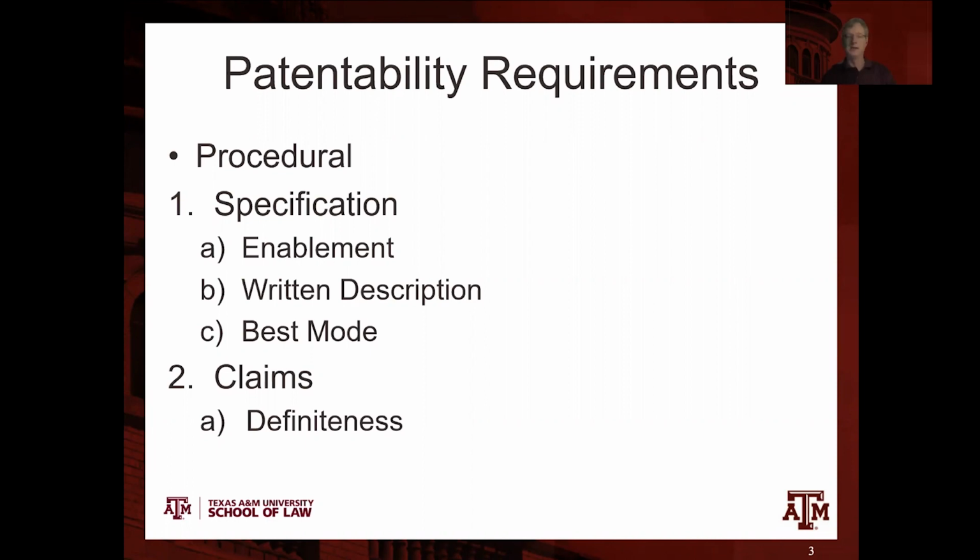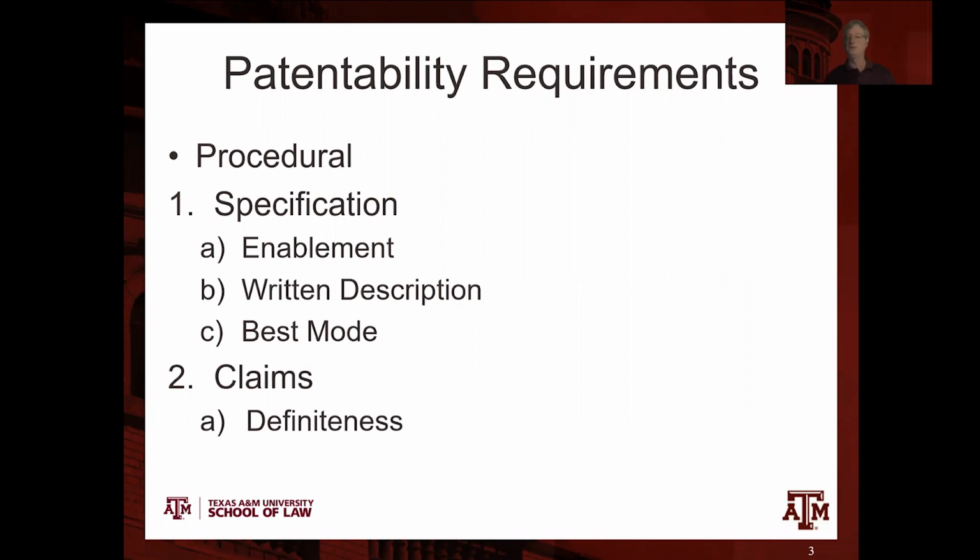That description has to enable a person having ordinary skill in the art to practice it without undue experimentation. You must provide a written description of your invention, and you must disclose the best mode. Finally, your specification concludes with a set of claims, and those claims must be sufficiently definite so that we can tell what it is you're claiming. You can't say an elongated pole if we don't know how long the pole is.